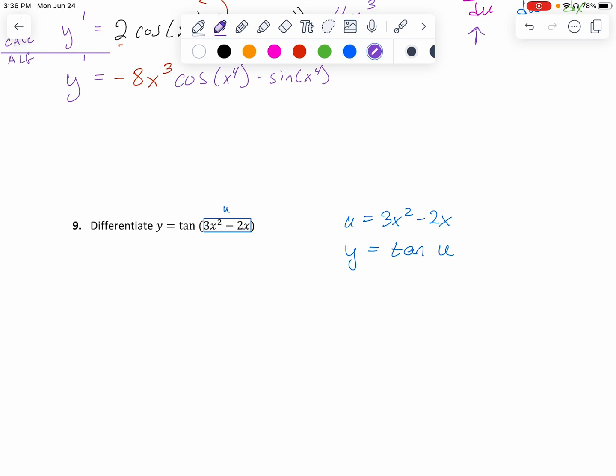So my dy dx is the derivative of tangent, which is secant squared. Don't change the inside. And then multiply by the derivative of the inside in terms of x.